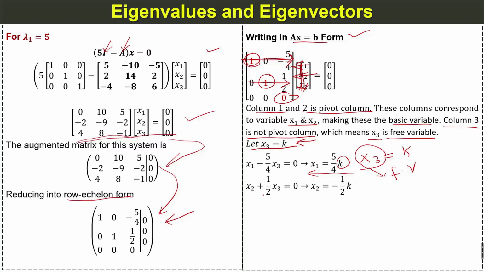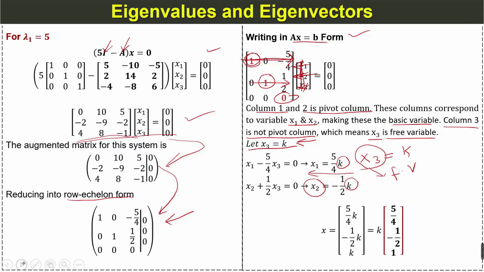Next, x2 is equal to minus 1/2 times k. Let's write them in this form, x is equal to this form, and then we take common k from these values.